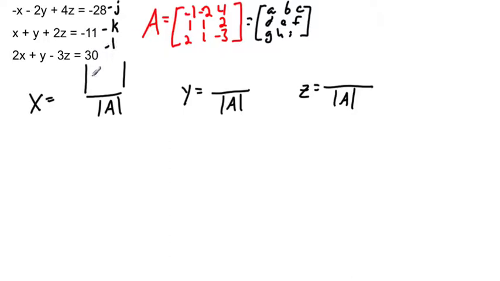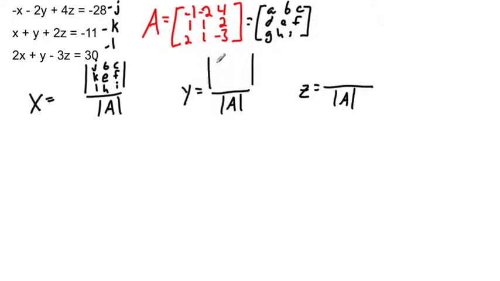In the new matrices in your numerators, you're going to modify this matrix. So for here, I'm solving for x. I'm not touching my y column, I'm not touching my z column. However, since I'm solving for x, the coefficients for x are going to be replaced with J, K, and L.